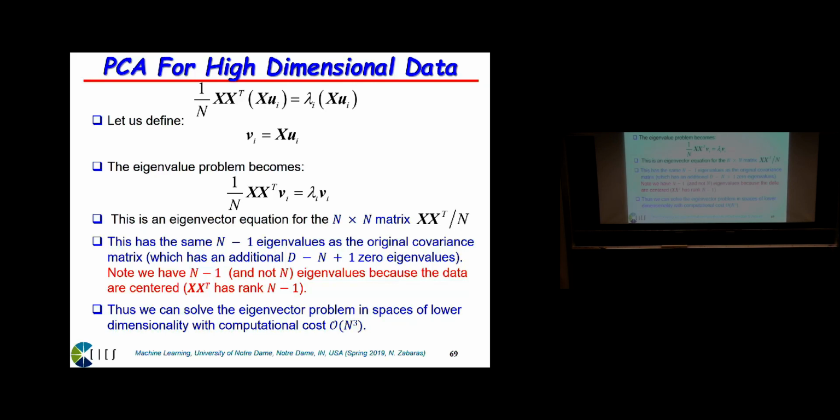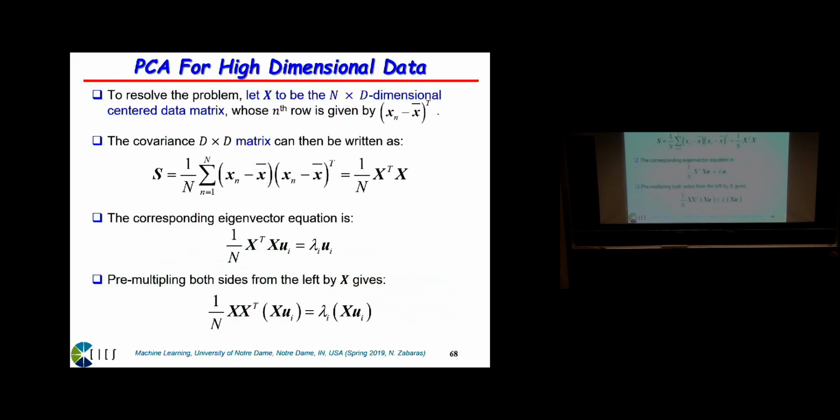So what's the dimensionality now of X transpose? How much? N squared? All right? So which problem do you like to solve? Do you like to solve this eigenvalue problem, or this eigenvalue problem?